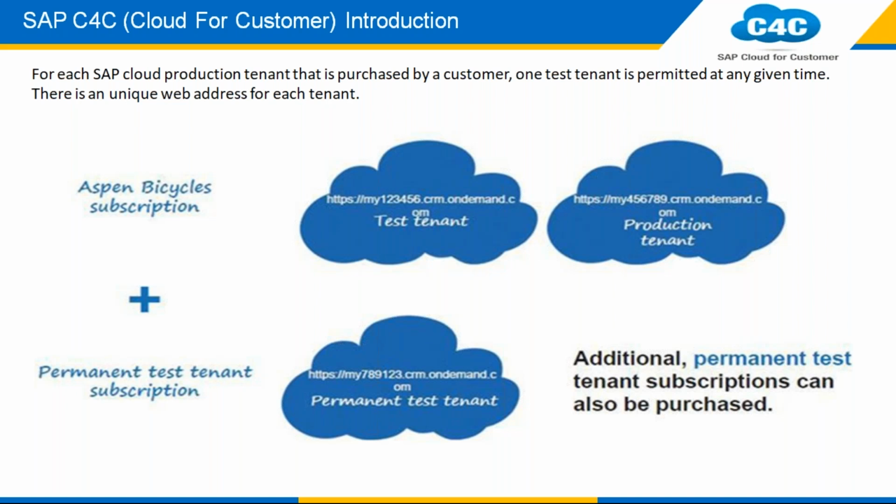Hybris was a third-party organization which SAP procured in 2013. When Hybris launched, it was known as SAP Hybris C4C. It had a sales area, a marketing piece, and a service piece in one particular system, and the license was also similar, one license for all three applications.